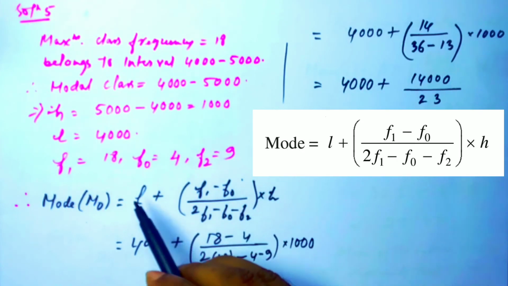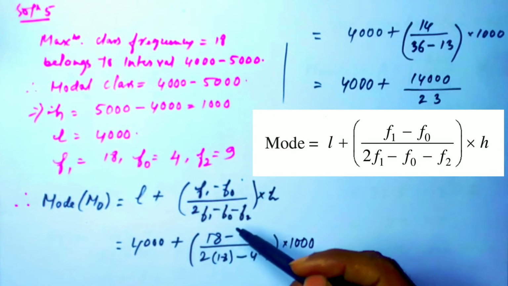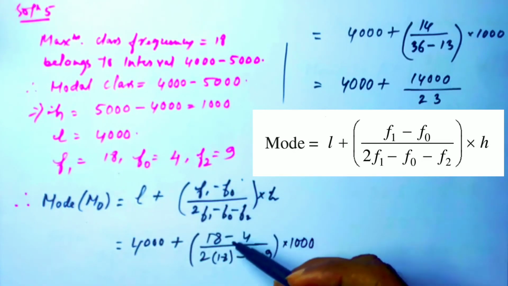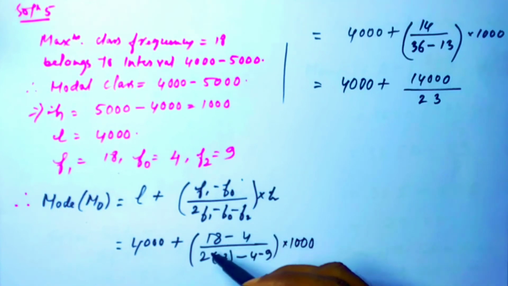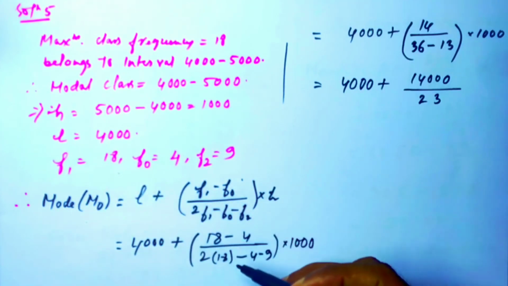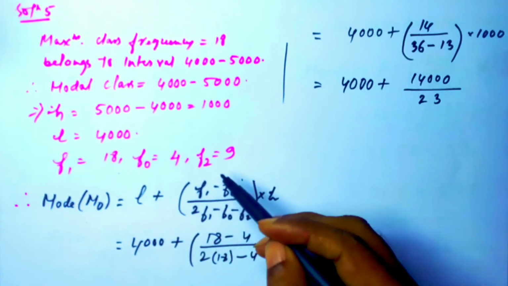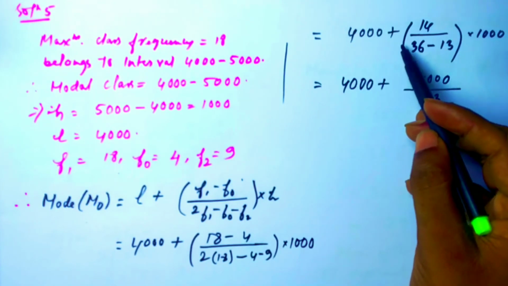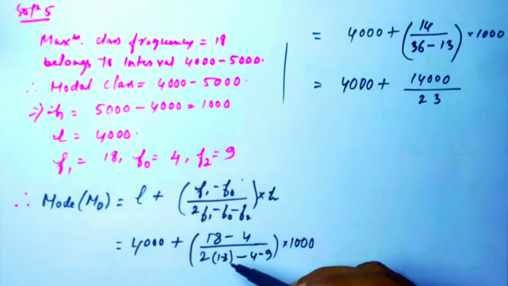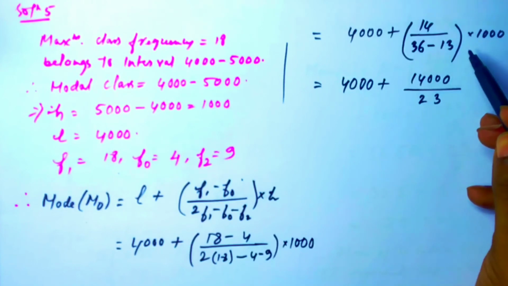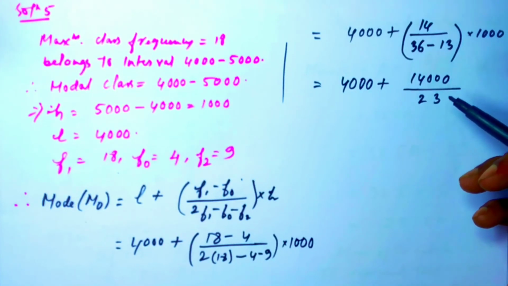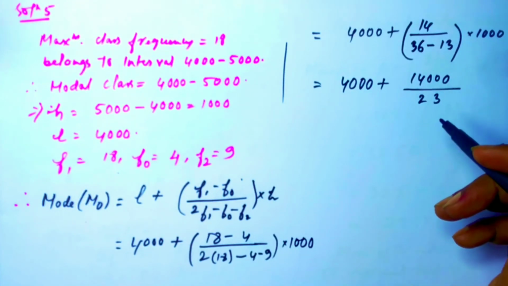Substitute the value of l, 4000, plus f1 as 18 minus f0 as 4, divided by 2 into 18 minus 4 minus 9. So 4000 plus 18 minus 4 is 14, 2 18s are 36 minus 13, into 1000. So it is 14,000 divided by 23.